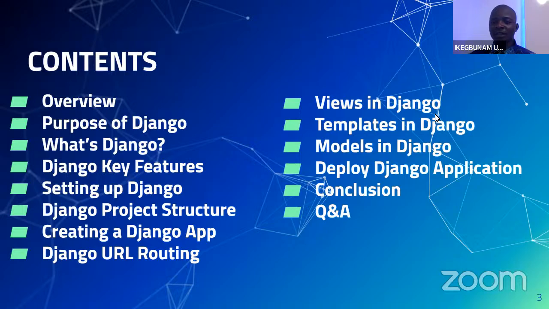All those guys that use front-end frameworks like React, all those React routing and so, so we'll be learning about Django URL routing. Then we'll be talking about views in Django, the templates, after which we're moving down to models in Django, how to deploy a Django application. Then we'll be concluding and answer some questions you might have.